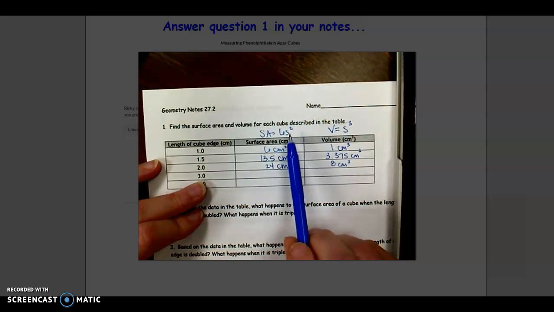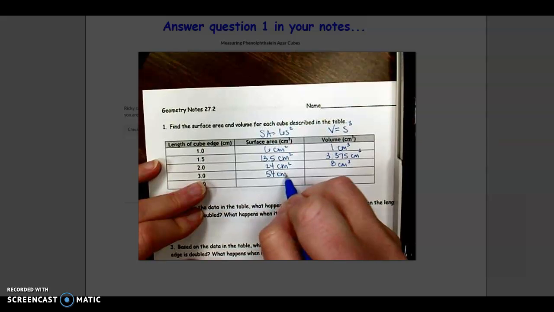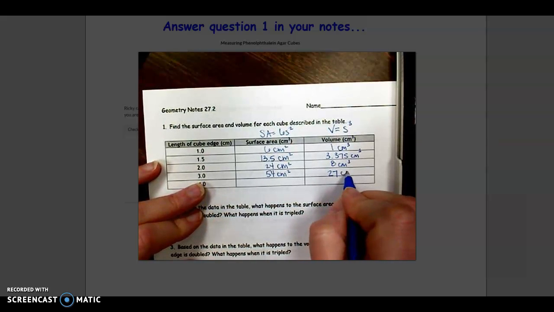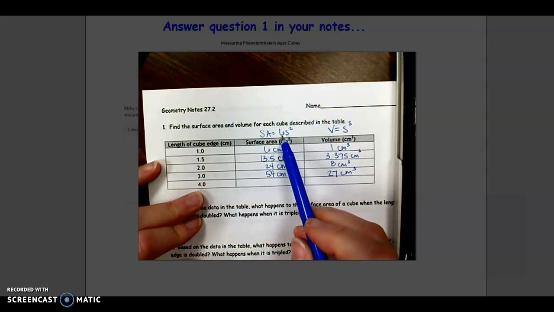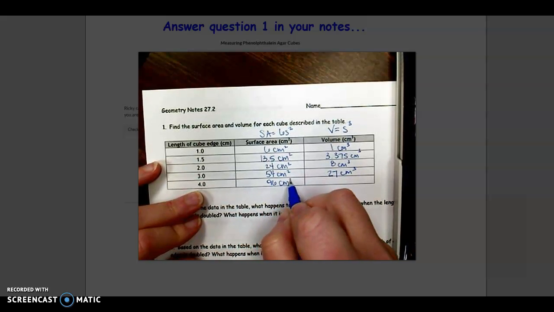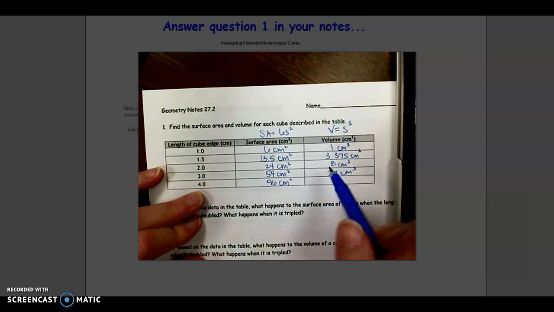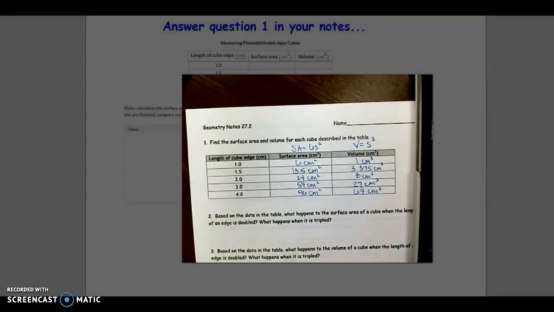For a side length of 3, 3 squared is 9, times 6 is 54 square centimeters, and 3 cubed would be 27 cubic centimeters. For 4, 4 squared is 16, 16 times 6 is 96 square centimeters for our surface area, and then 4 to the third power is 64, so 64 cubic centimeters here.